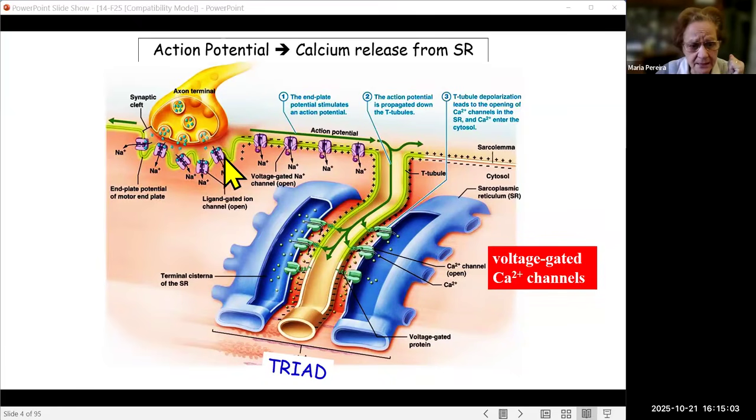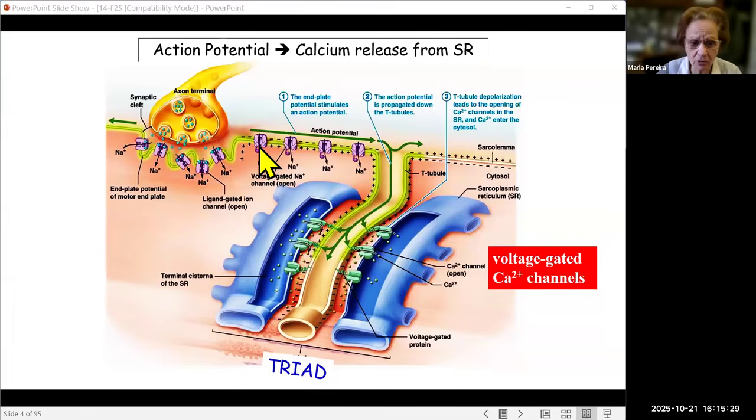And this electrical signal is going to be transmitted to the rest of the sarcolemma that is not in close proximity of the axon terminal. So now you have a current of minus 60 millivolts reaching these channels. These sodium channels are not ligand-gated, they're voltage-gated ion channels.